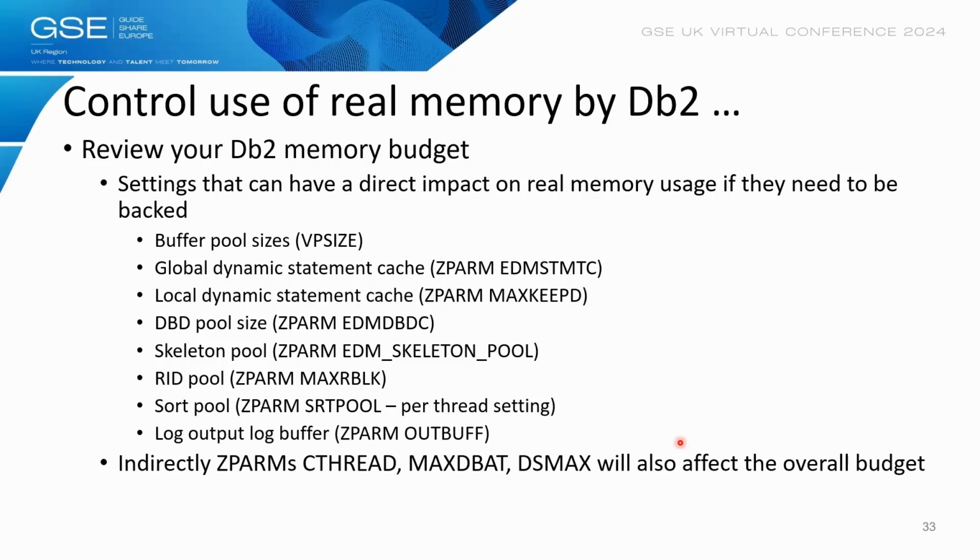Like all those pools here can allocate up to 4 gigabytes or even more. So you can budget it into your real and see if you are over the budget or not, right? Indirectly, as I mentioned, CTHREAD or MAXDBAT can also affect the overall budget because it's limiting you below the 30-bit addressing line.